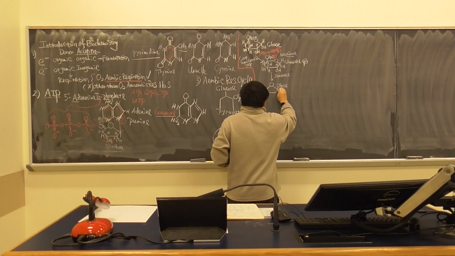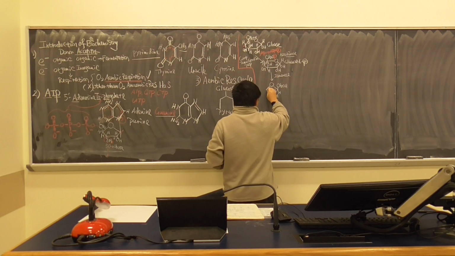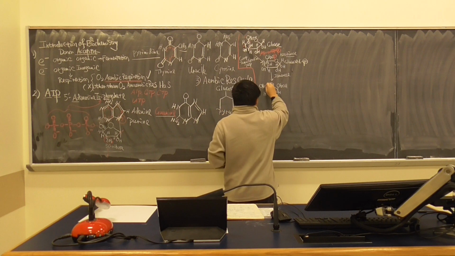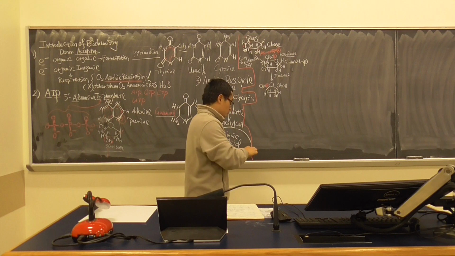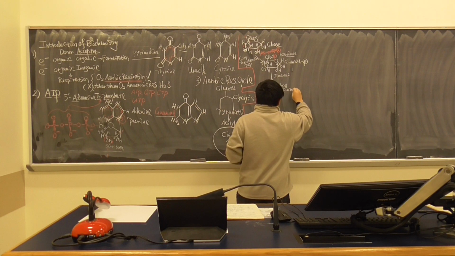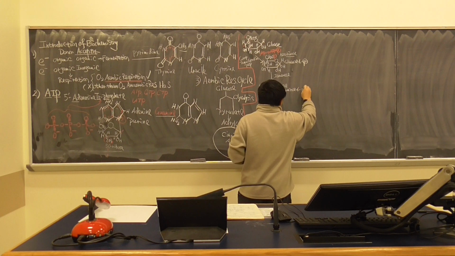CH2OH, H, H, OH, H, OH, H, COH, H, CH2O phosphate. That's called fructose 6-phosphate.